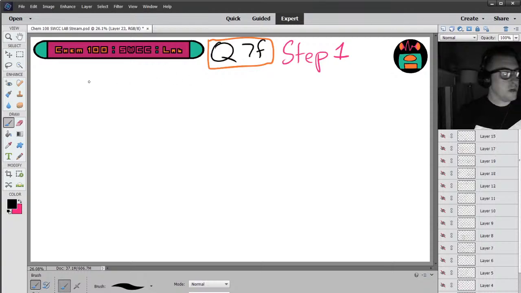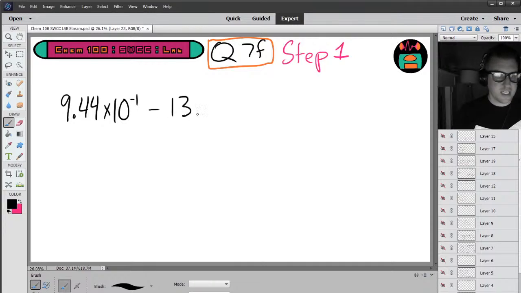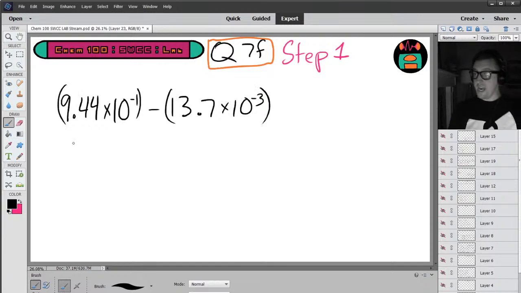Our numerator is 9.44 times 10 to the negative 1 minus 13.7 times 10 to the negative third. All right. Now, honestly, whenever you're adding or subtracting numbers that are in scientific notation, it can be very, very difficult to evaluate those.